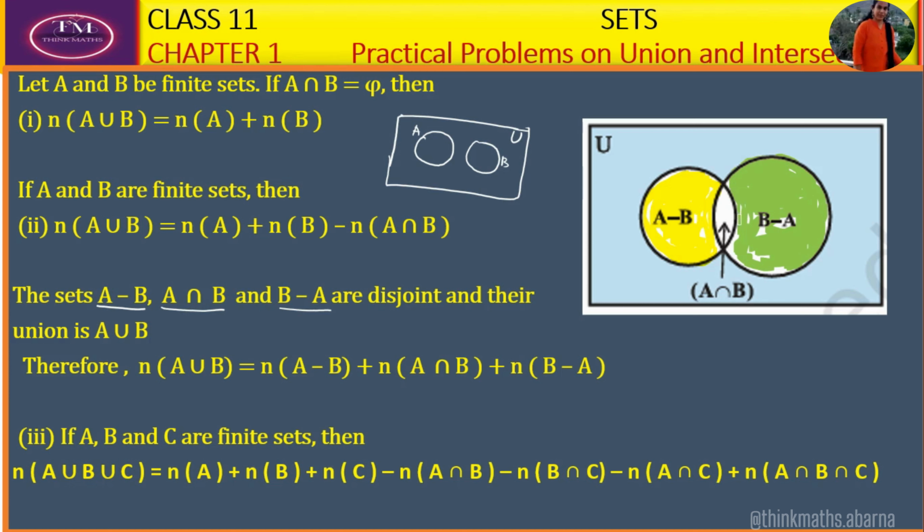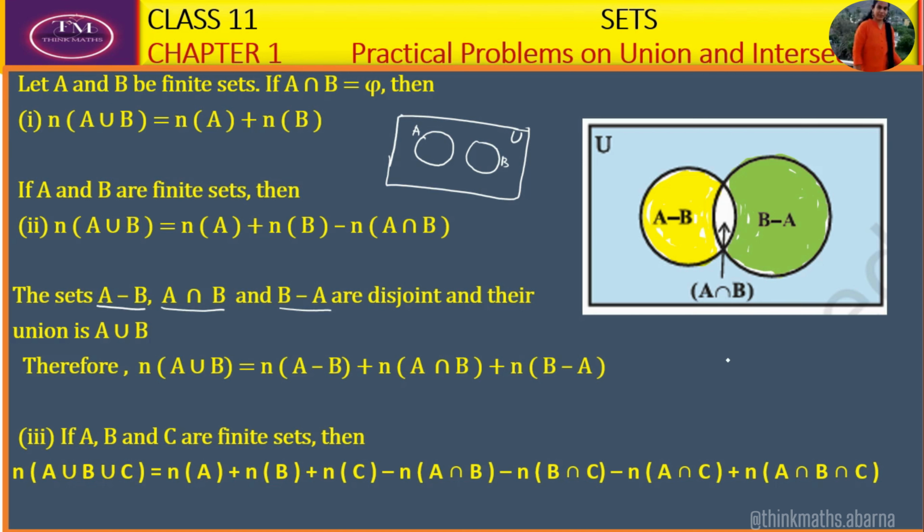They don't overlap. B minus A will not overlap with A minus B, and A intersection B will not overlap with A minus B and B minus A. That means A minus B, A intersection B, and B minus A will all be disjoint.